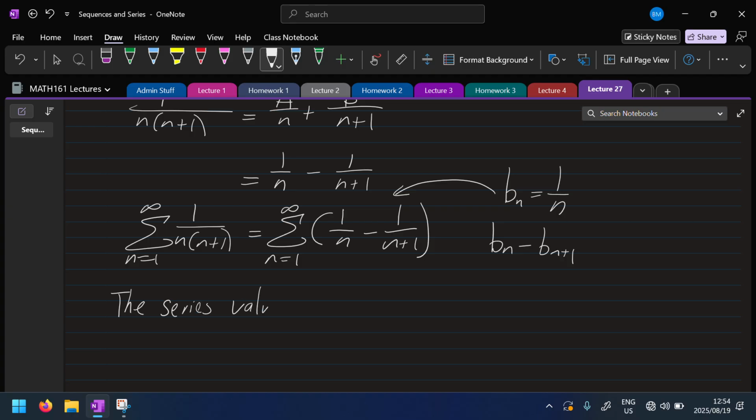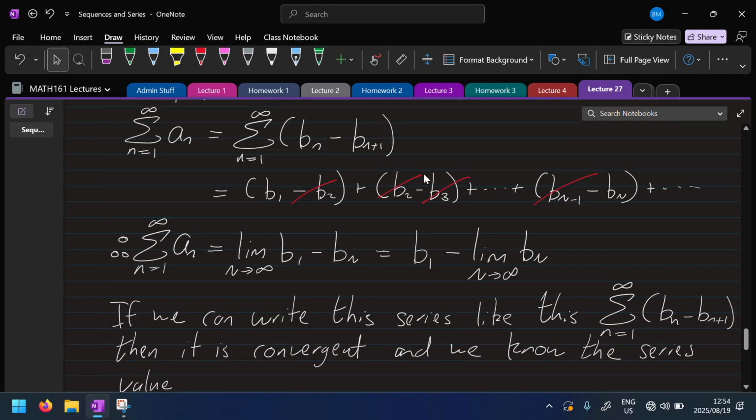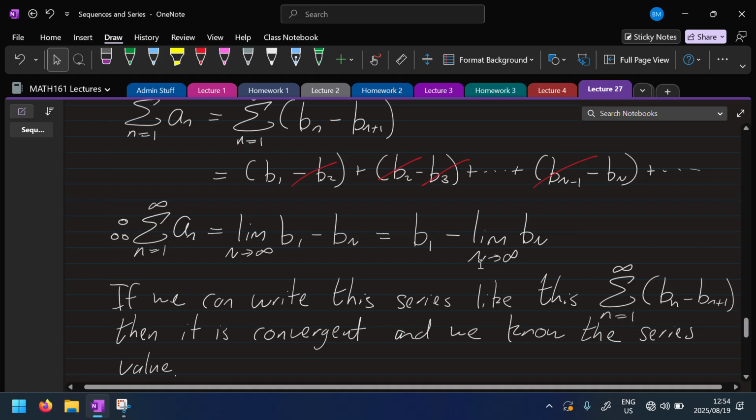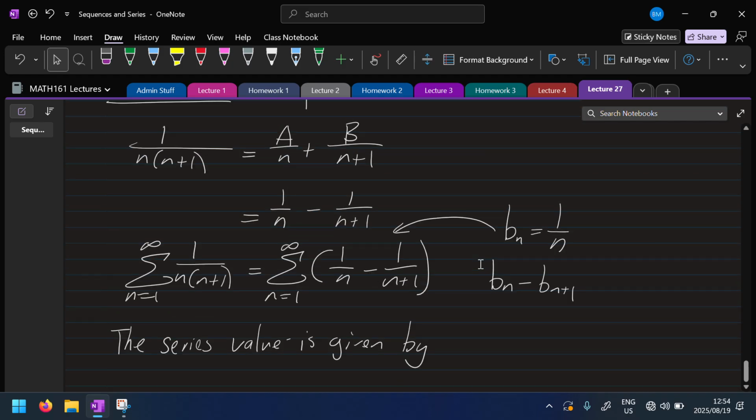So the series value is given by, remember what it was? We had the first term minus the limit of the sequence. Okay, but the first term, that's just 1.